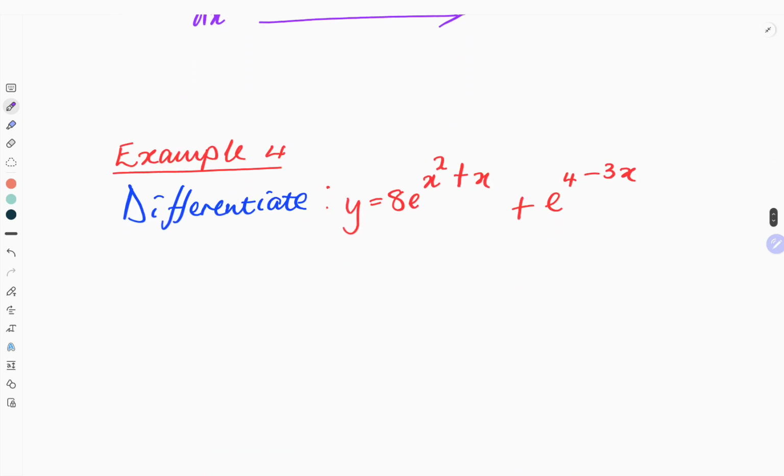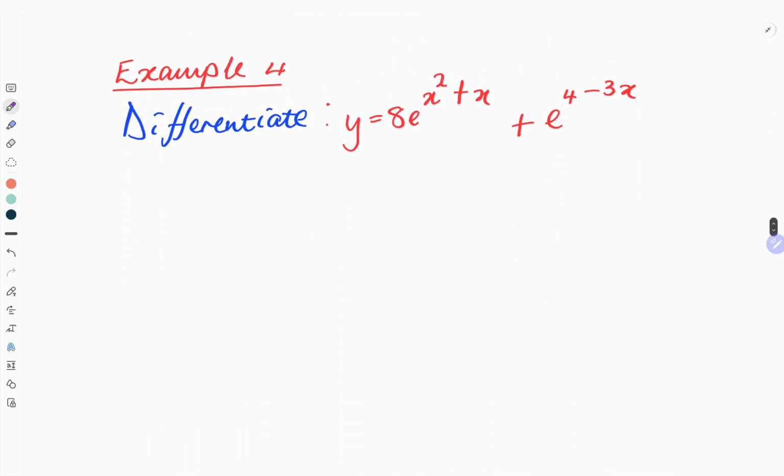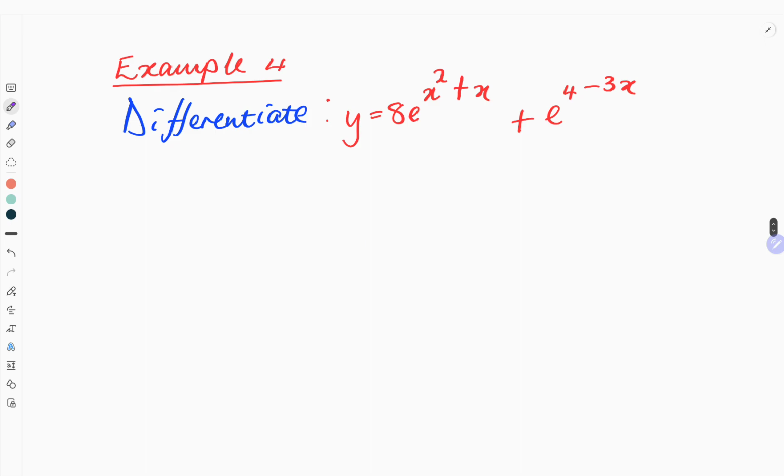Then moving on to the fourth example. This part has two terms, so you just differentiate them separately using the same principles. In this case, dy dx will be equal to the derivative of that part, which is 2x plus 1.